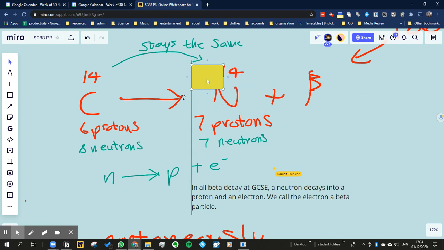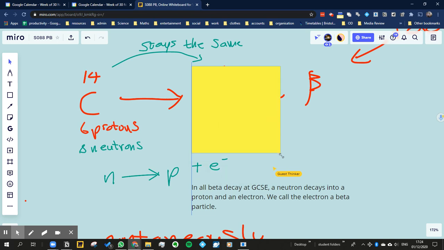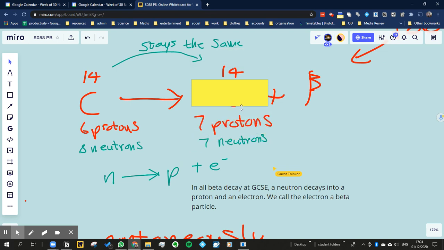In fact, if I could cover up all of that like that, and it asked you to complete the equation, well, you would know that because it's beta decay, the mass number would stay the same, and you would know that a neutron turned into a proton and an electron. That's the electron. So we would know the atomic number would go up to 7, and so that means it must be nitrogen, and so you'd be able to do the question like that.